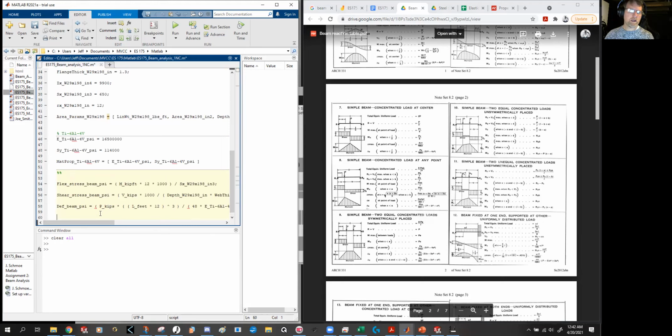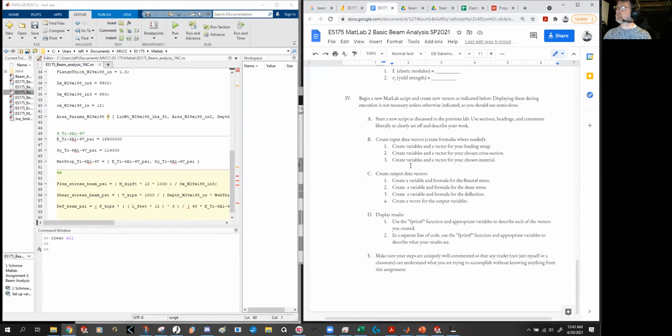All right, so next, let's see what's next on that list. Okay, create a vector for the output variables. Now I also created a fraction of the yield stress.